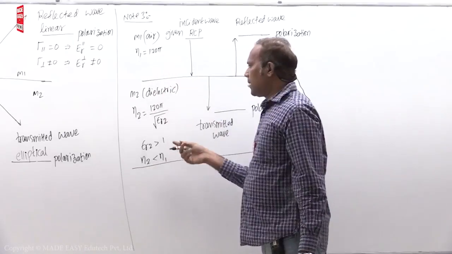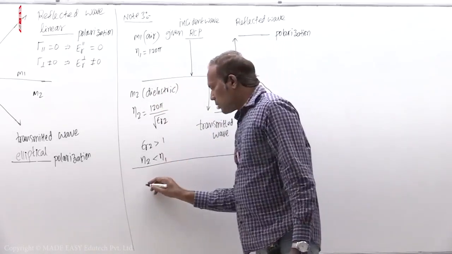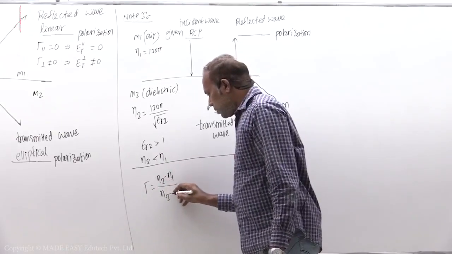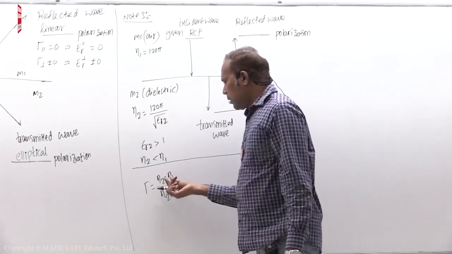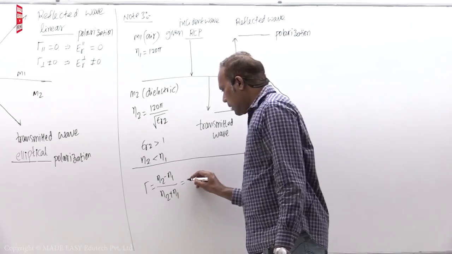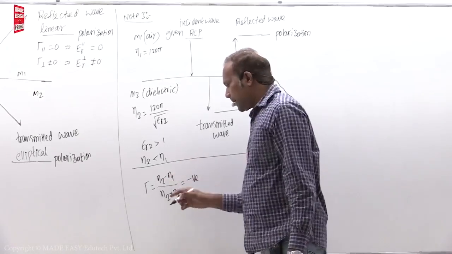So eta 1 is bigger, because 120 pi is divided by something greater than 1. So the reflection coefficient is equal to (eta 2 minus eta 1) divided by (eta 2 plus eta 1). Since eta 1 is bigger, that comes out as a negative value.